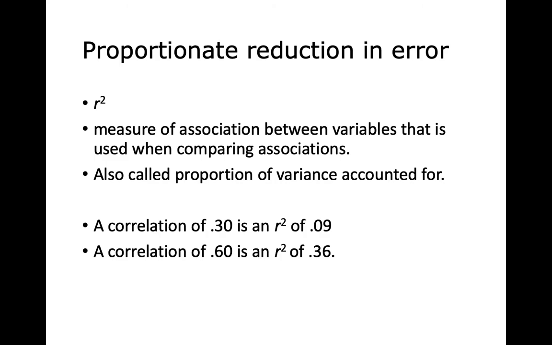All right, next topic that I want to review is the concept of proportionate reduction in error. A correlation coefficient tells us the direction and the strength of a linear relationship.